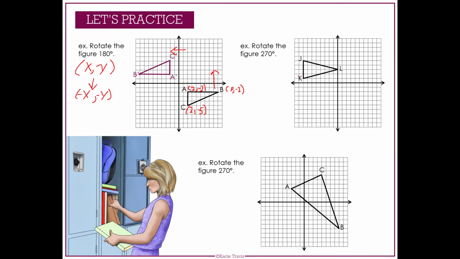Now for our next one, we're rotating it around 270 degrees. So here's where it is originally. If I make it one turn, this is a 90-degree turn right here. Now if I rotate it around again, this is 180. And then if I make it one more turn, that brings us over here to 270.